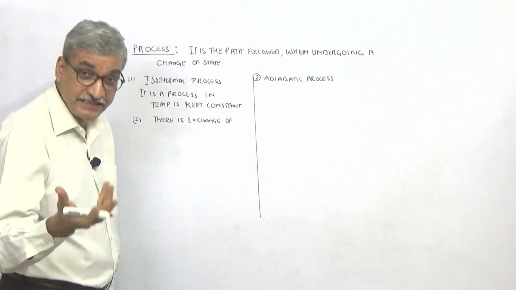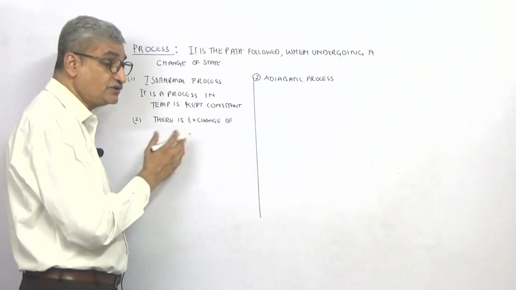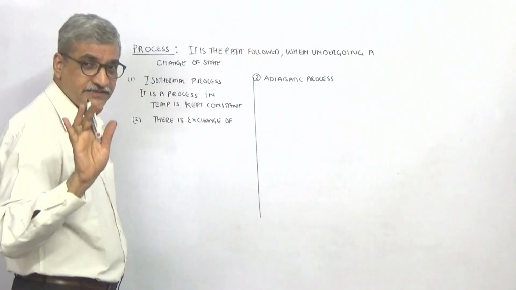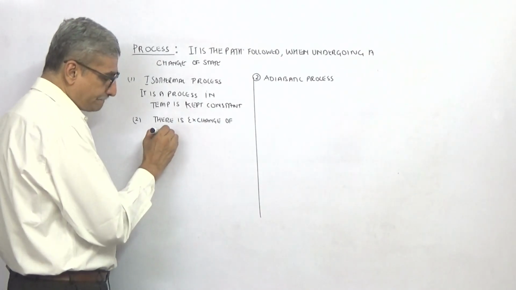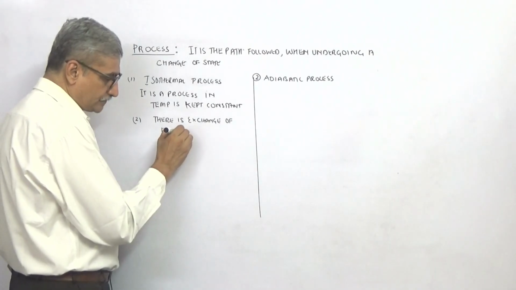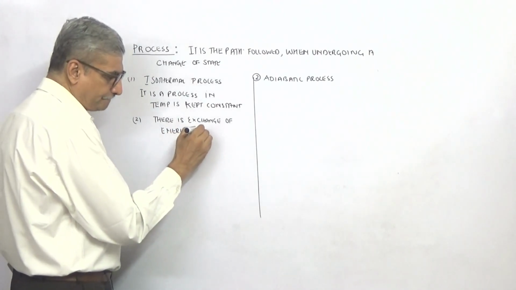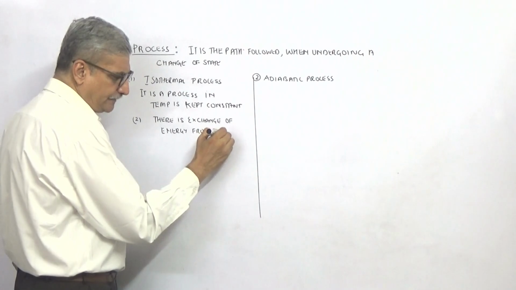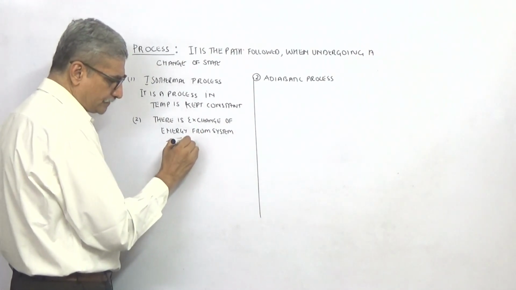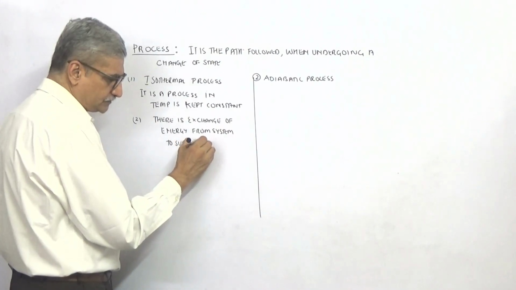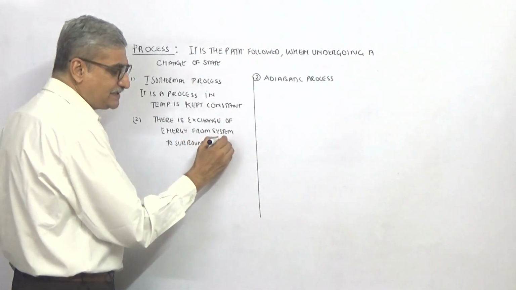Exchange of energy is heat, remember that. We don't say exchange of heat, you need to say exchange of energy. So there is an exchange of energy from system to surrounding and vice versa.